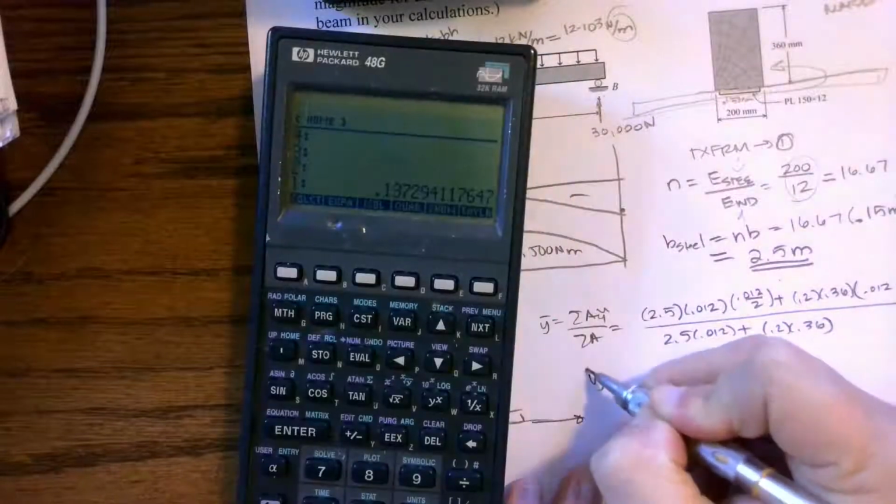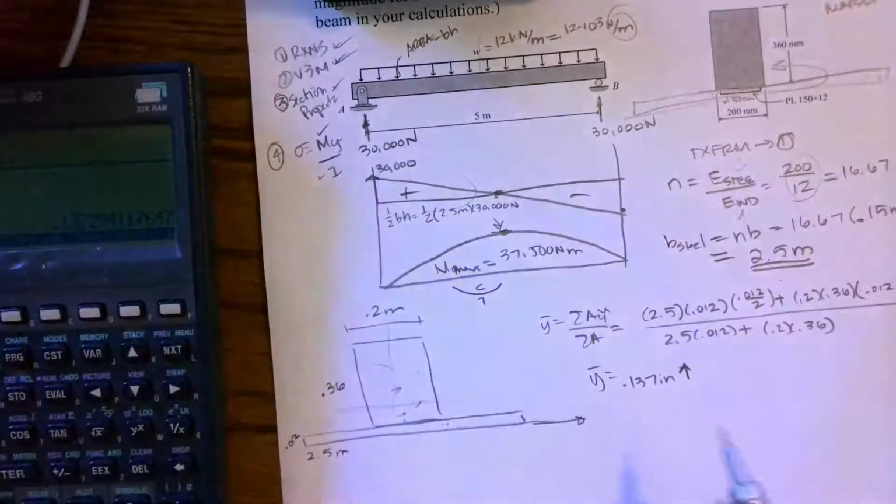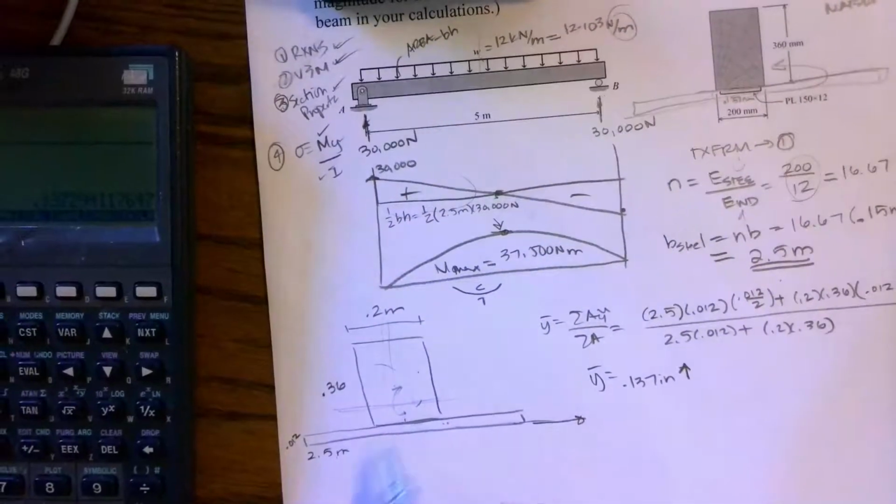And I get a y bar of 0.137 meters going up. So if this is 0.012, we're kind of up, like where I drew it, right up there.